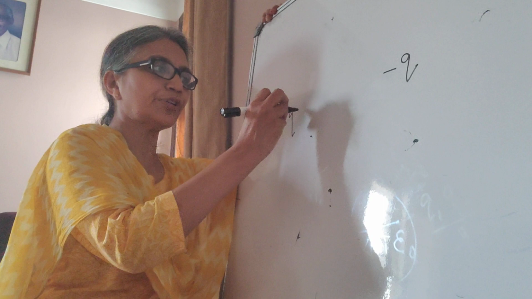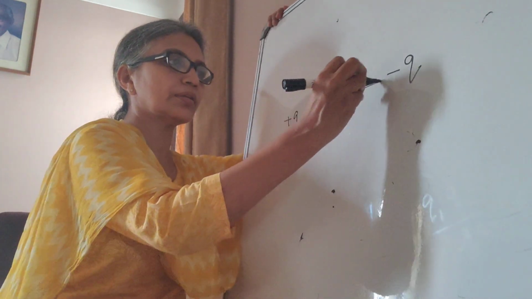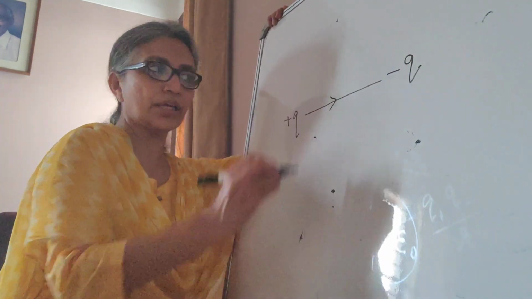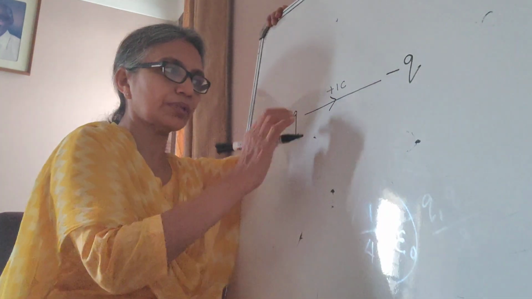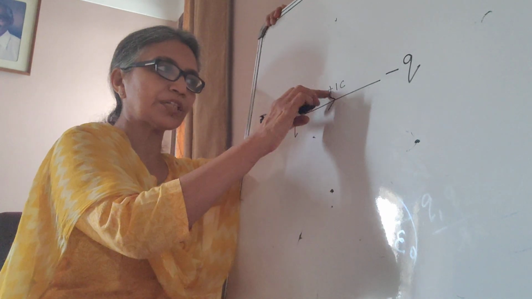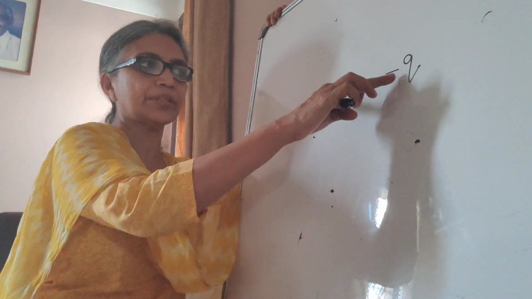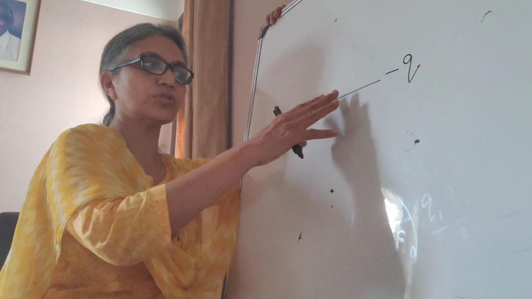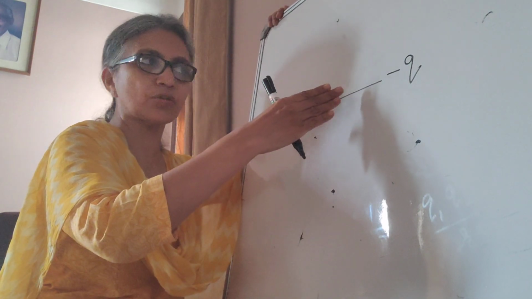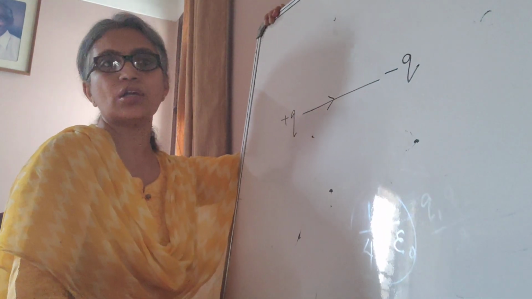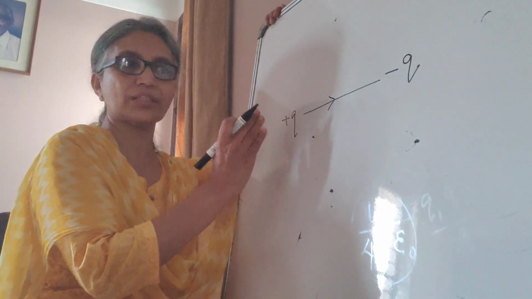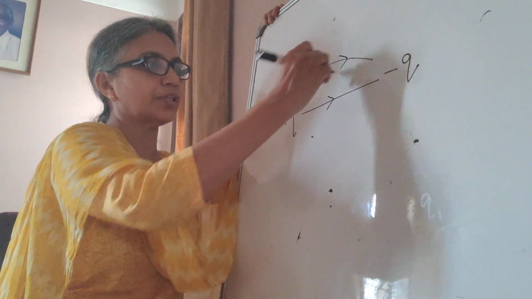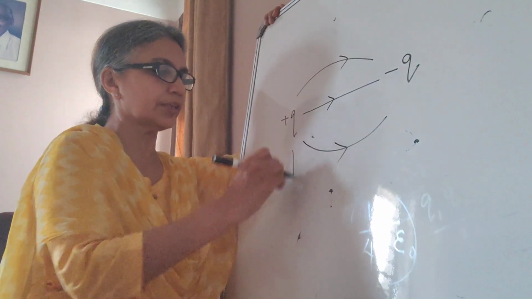Naturally, the electric field line, the imaginary line, will be in a direction from the positive to the negative, because if you keep a plus 1 Coulomb here, it will be repelled by the plus Q but attracted by the minus Q. So naturally, plus 1 Coulomb is going to be pushed away from the positive Q and towards the negative Q. So electric field lines will always be directed from the positive to the negative. And these are the electric field lines that we have represented here.